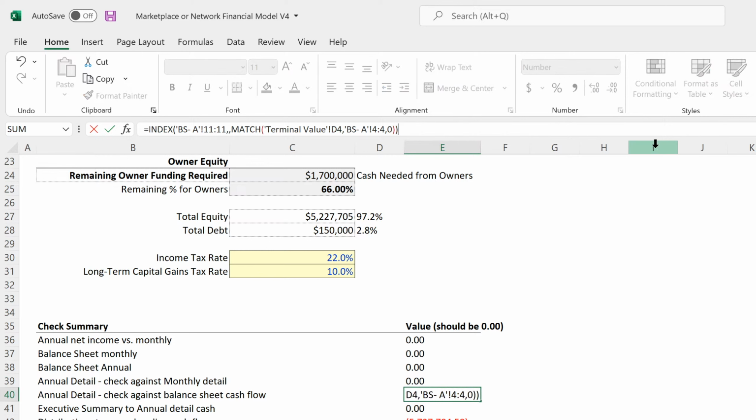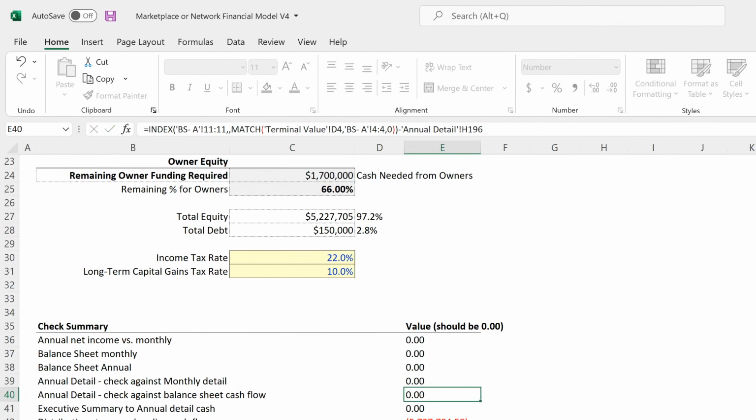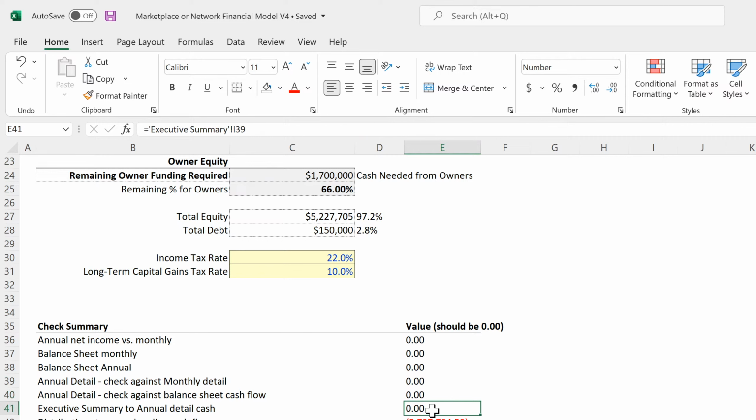Let's see, what does that just give us? So 435, we're just going to subtract that from this number. Oh, I was subtracting it from the 0. It needs to be from the cash position at the end. Okay, so that's balanced. So all these checks are kind of what I was already doing, but this is putting them all in one spot.